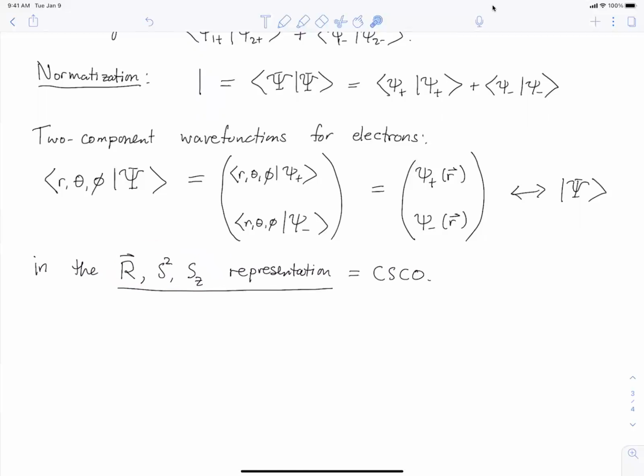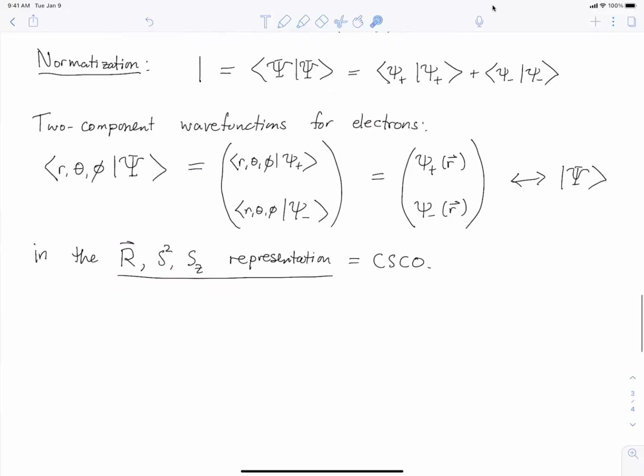It's basically saying if we know exactly where the particle is at any given moment, and we know its total spin, which is actually fixed and we can't even change it, and we know its z component of spin, then in principle we know everything there is to know about a spin 1/2 particle. You can't add the information about the momentum, for example, because the momentum doesn't commute with position, and so you can't add it to the complete set of commuting observables.